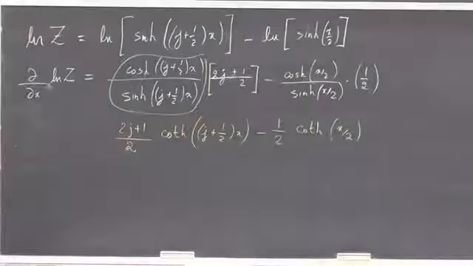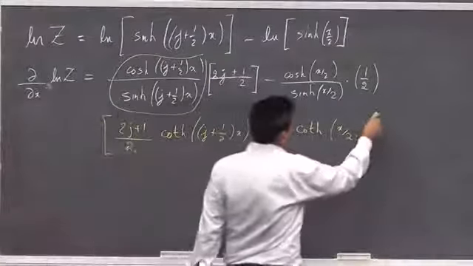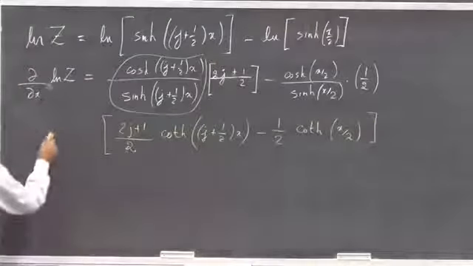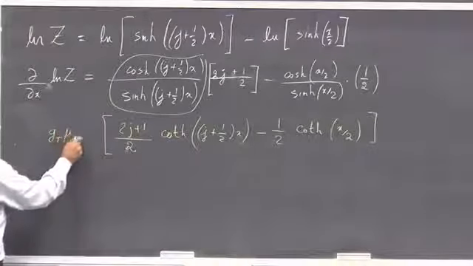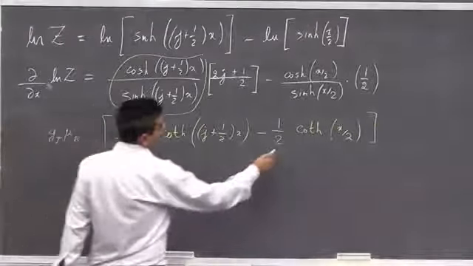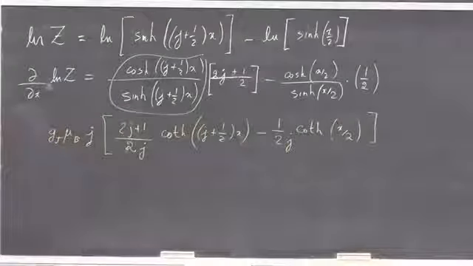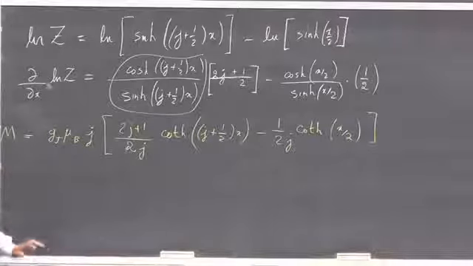And I would like to multiply this with gj mu b, and also multiply with j. This is my magnetization for an arbitrary spin system. It's a paramagnetic system. You have spins pointing in different directions, and when we place it inside a magnetic field, a magnetization builds up.